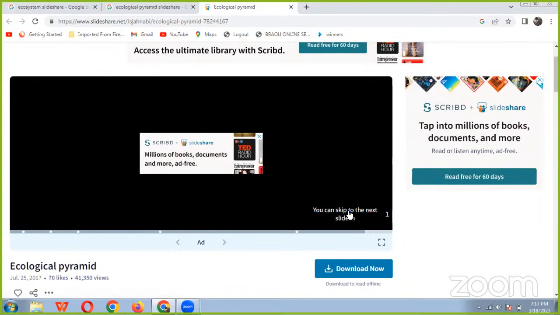The next one is, according to the syllabus, ecosystem organization and functioning: ecosystem components, biotic and abiotic components; food chain, ecological pyramids, food web; biogeochemical cycles, nutrient cycles.